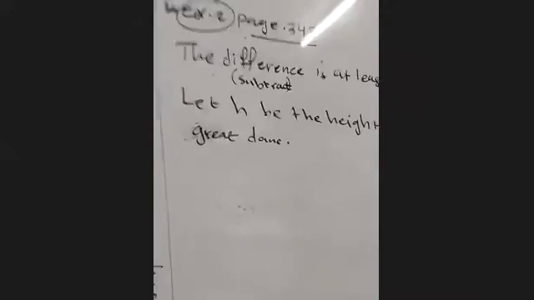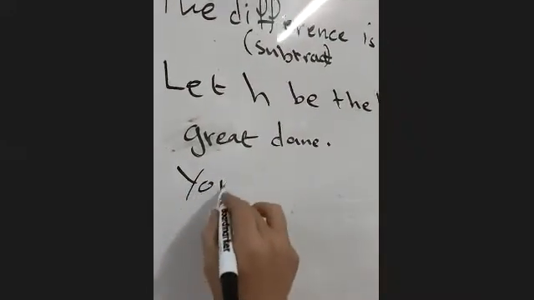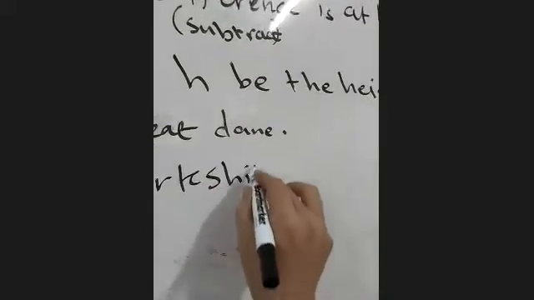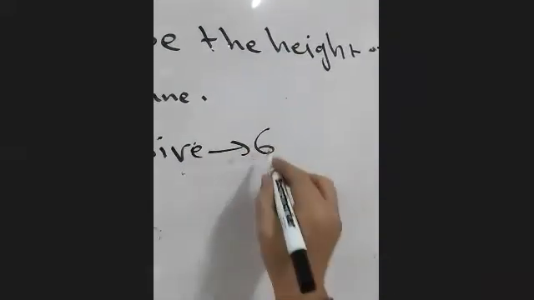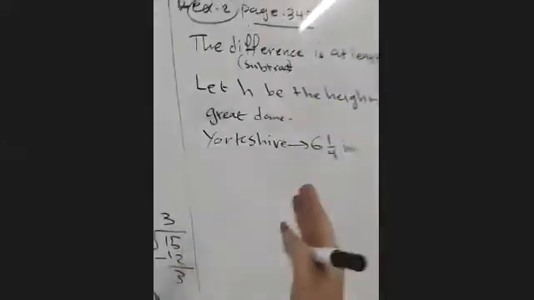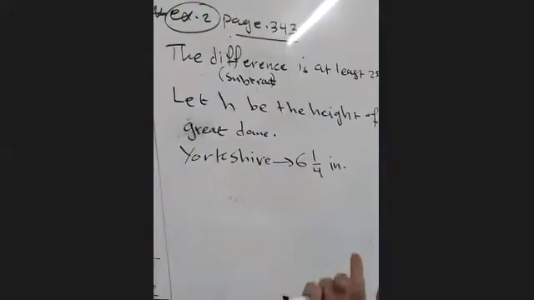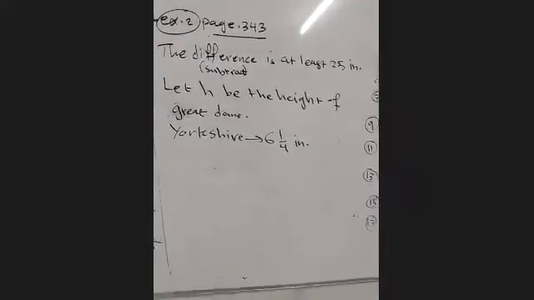Now we know the other one, the Yorkshire, is how much? No, the 25 is the difference. 6 and 1 over 4 inches for the first type. So the difference means what? Can you give me the inequality now, Yusuf?